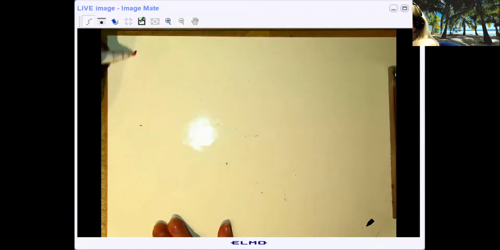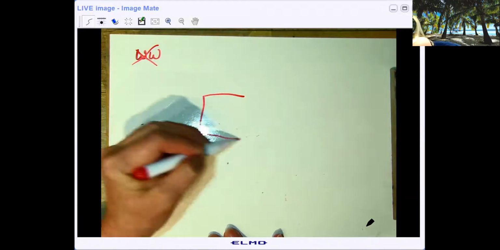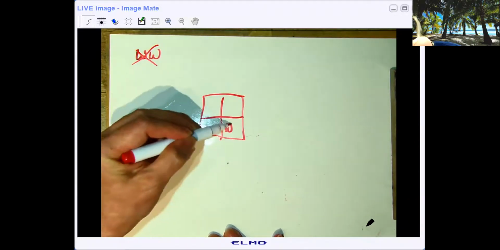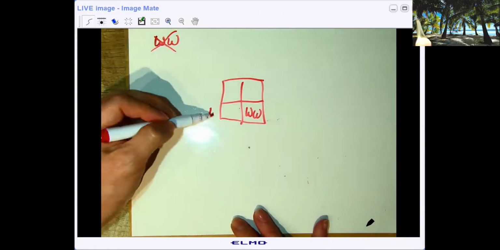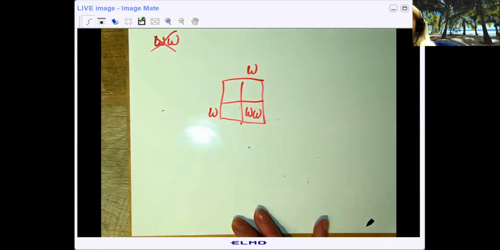Let's see if I can share my ImageMate screen with you. Okay, I hope everybody can see that okay. So we know WW is fatal, okay? And the only way you could get a WW individual, let me just draw the Punnett square, would be if each parent had at least one copy of the W chromosome.